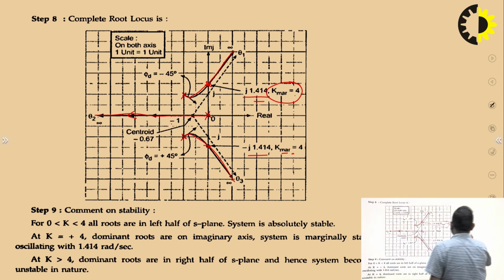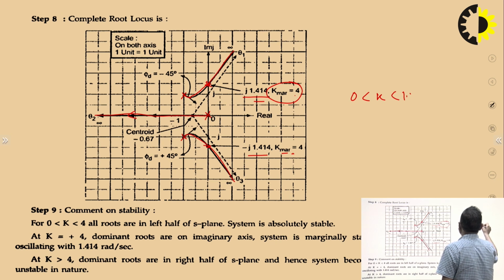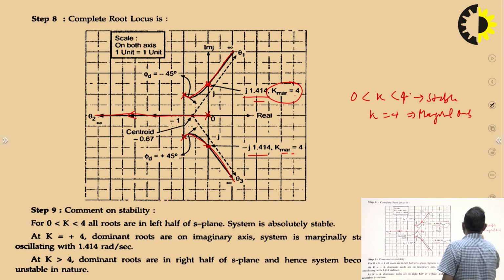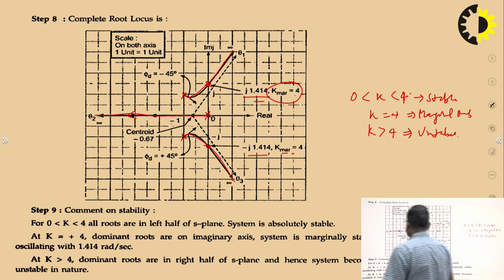So you can say for k between 0 and 4, the system is stable. At k equals 4, marginally stable, and for k greater than 4, it will become unstable.